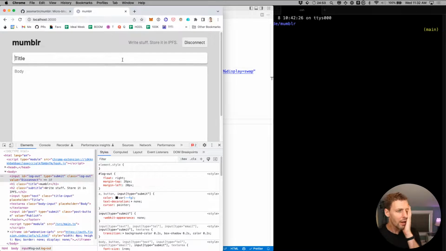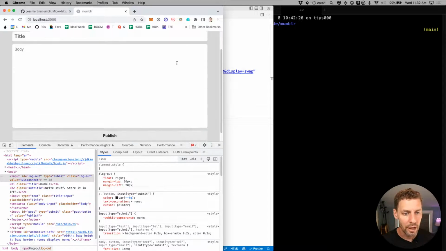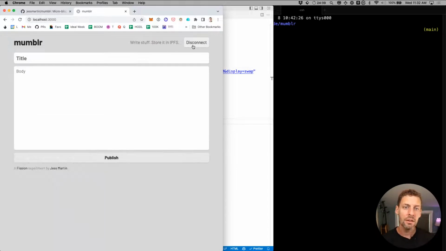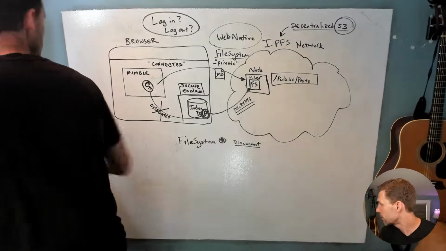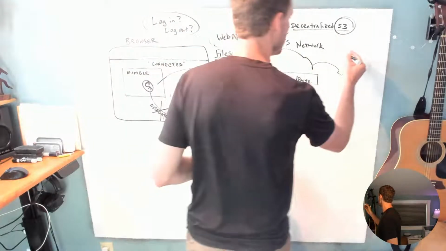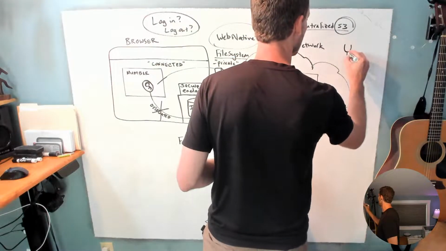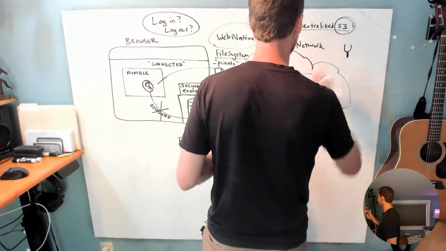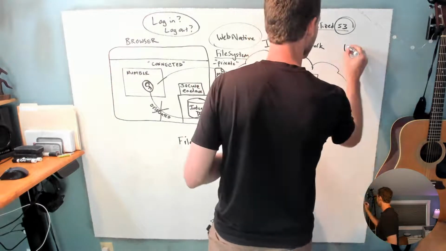Cool, so I was thinking on the break about how to visually represent this connected thing. I like this little tagline over here, but it could get cluttered. So what I'm thinking maybe is having a plug icon, let me swap over to the whiteboard. Something like that. It's not a plug, I guess it's like this.